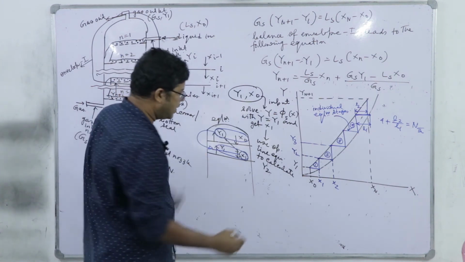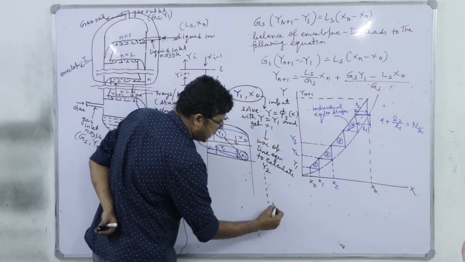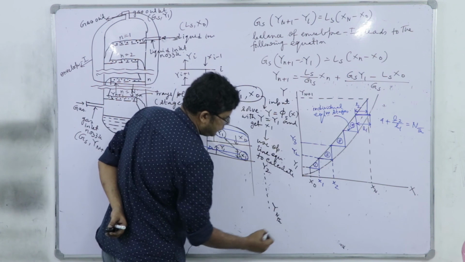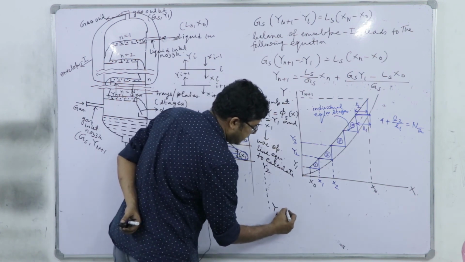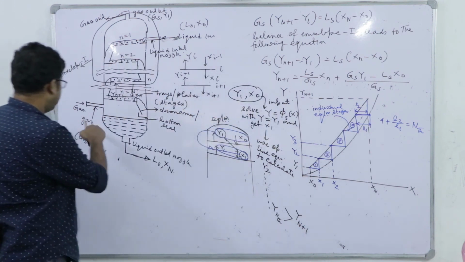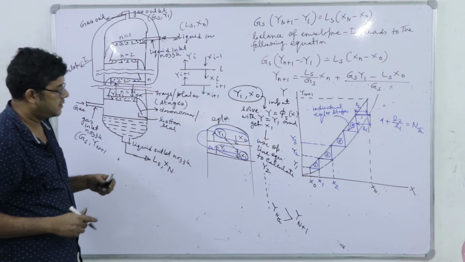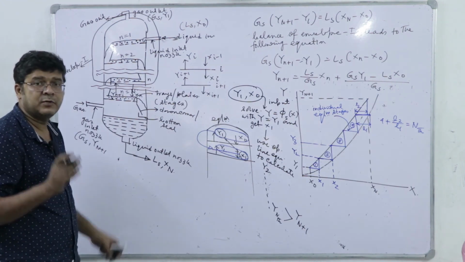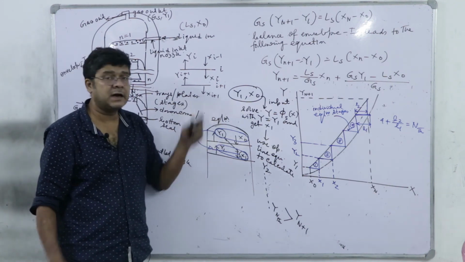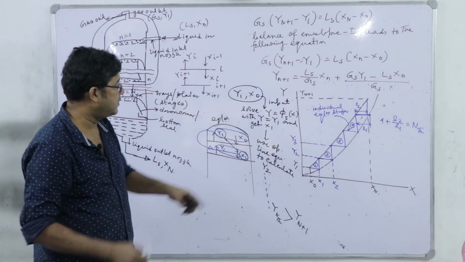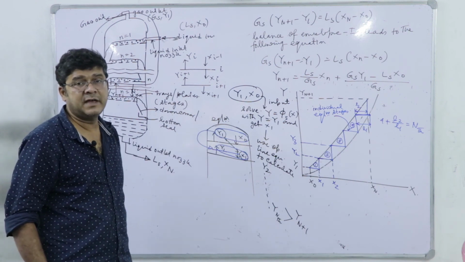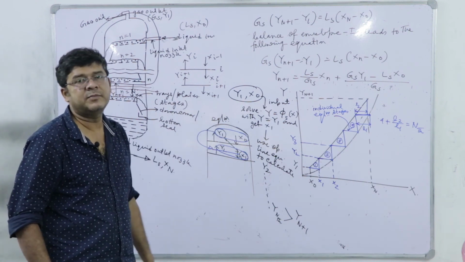In this way we will go down, and finally at yn theoretical, if it is greater than yn plus 1, which is the gas composition here, then we will stop and say that many equilibrium stages are needed to conduct this specific operation, where we will have an inlet gas at a composition of yn plus 1, an outlet at y1, whereas the inlet liquid has a composition of x0.